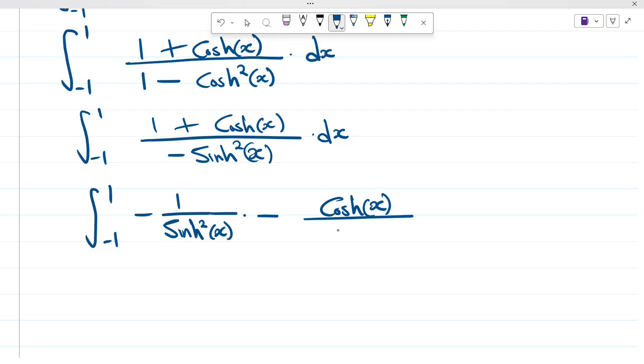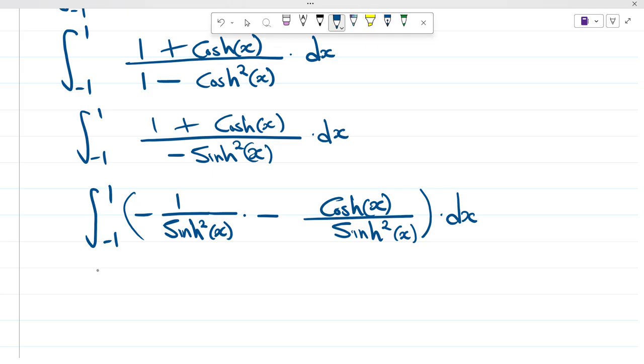Here I'll just use the general power rule after this, it's okay. Hyperbolic sine squared of x, and then you close, and then you have dx. So everything here is integrated with respect to x.